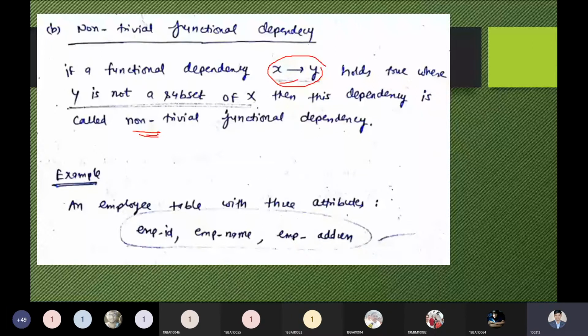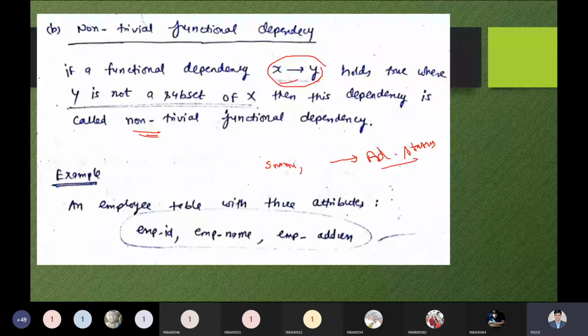So we have the set of student name and student ID, and the student admission status, I'm just taking a simple example. Student admission status depends on the student name and student state.